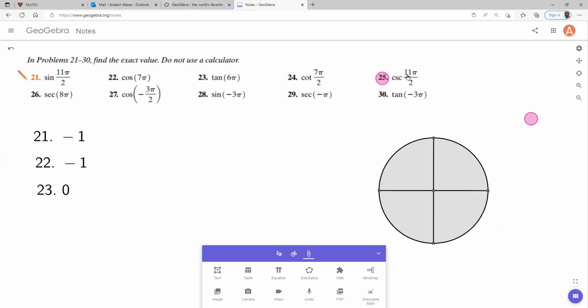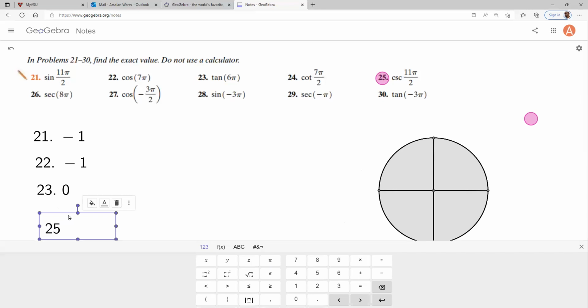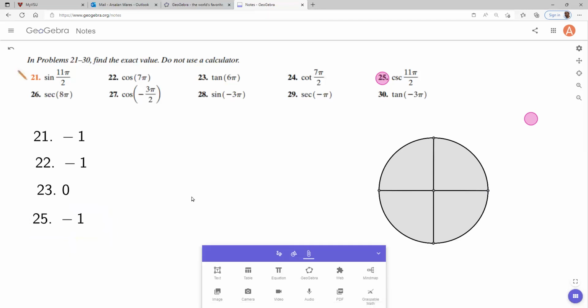To find cosecant 11 pi over 2, if you knew sine 11 pi over 2, your answer will be the reciprocal of that. But guess what? We did sine 11 pi over 2, didn't we? And the answer was -1. So for 25, the answer is the reciprocal of -1, which happens to be -1 as well. Done with 25.